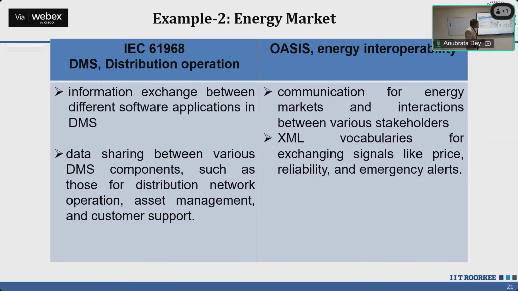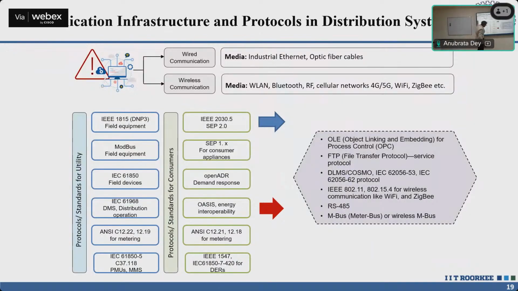Same way here, on the distribution side, the utility side, different protocols are there, and equivalently the consumer has the protocols. For example, if you use 61850, whatever Professor Sidhu discussed, you can use it at the distribution level also. Then equivalently, the consumer has to use the compatible protocol, for example, an Open Automated Demand Response type of protocol.